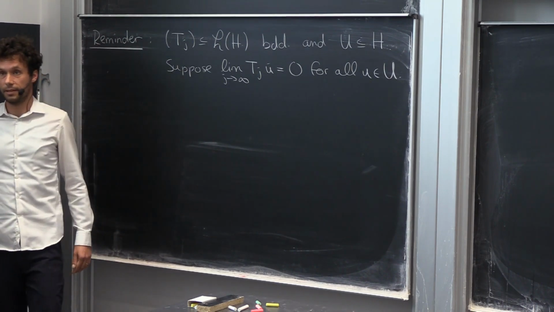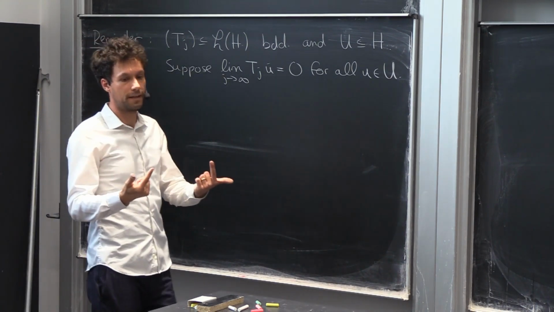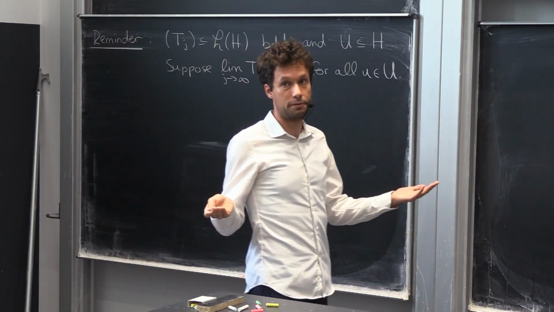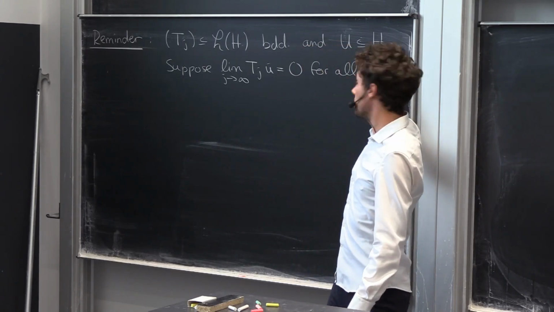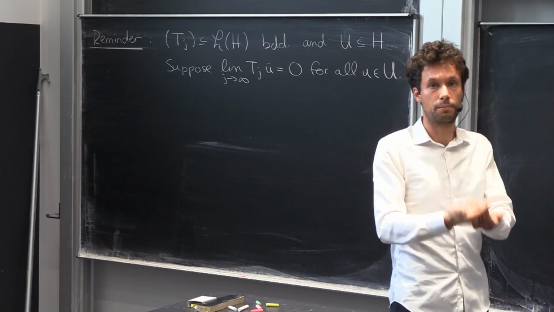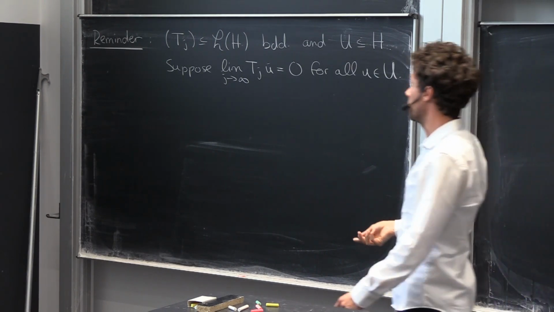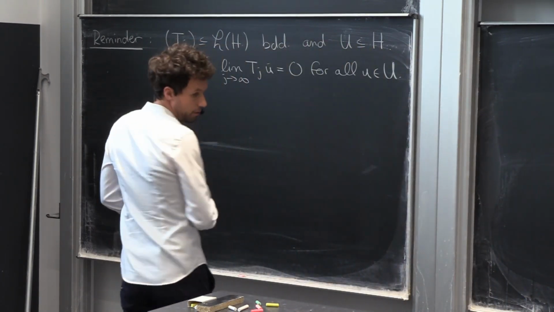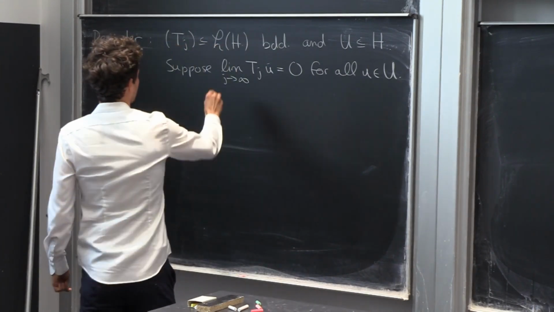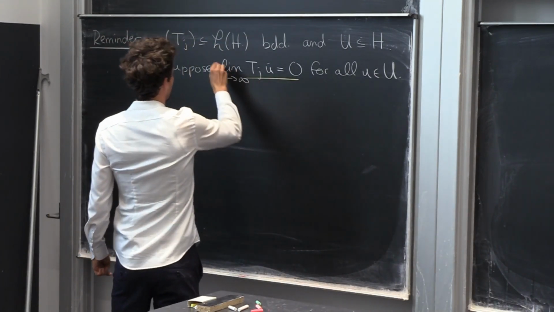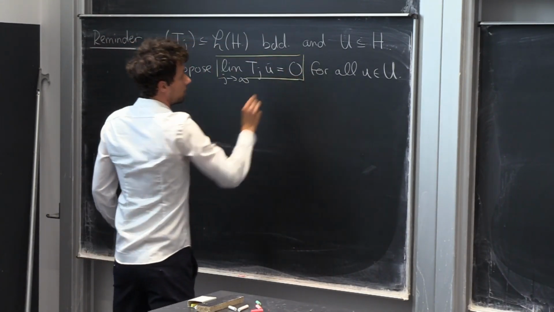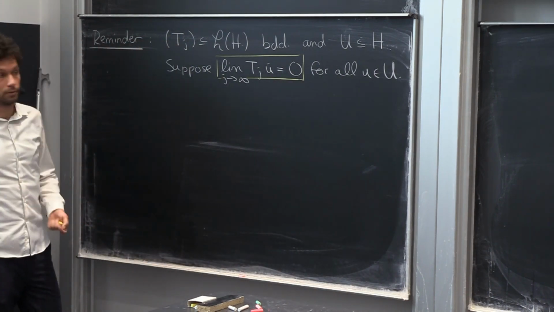When you have this, then you can use the fact that these operators are uniformly bounded and that elements from the closure of U can be approximated by elements from U by definition to do a 2 epsilon argument and conclude that this strong convergence also remains true when u is in the closure of U. Okay?